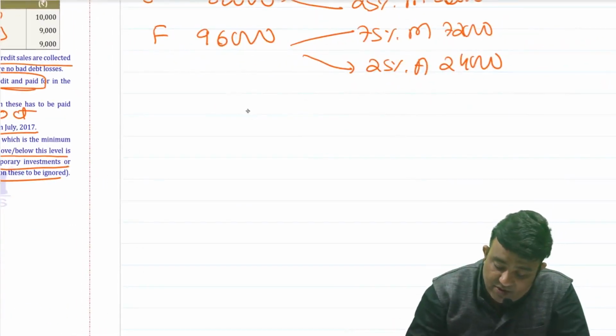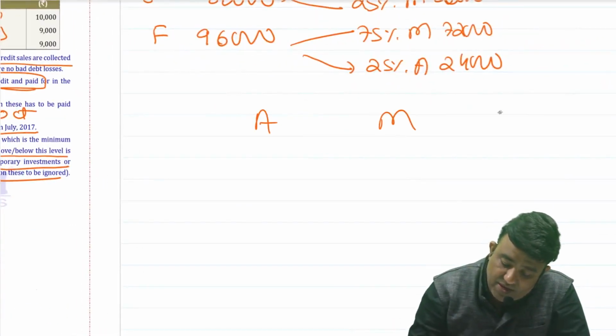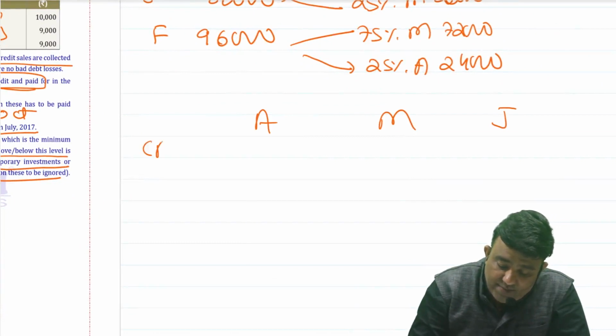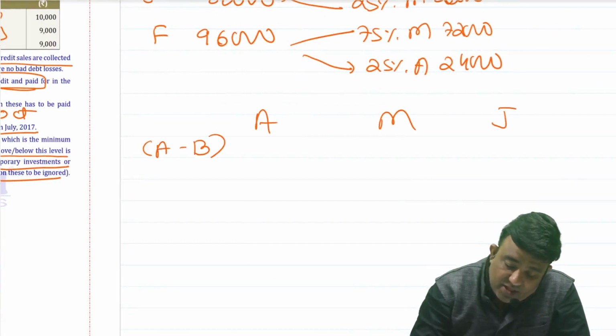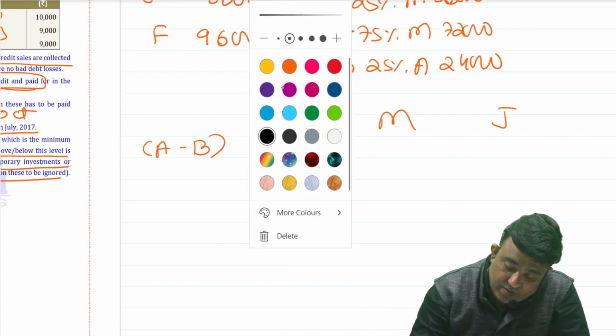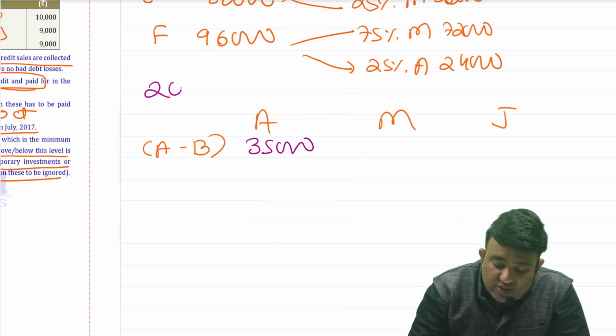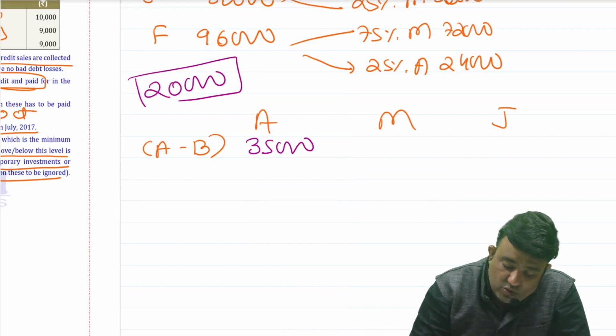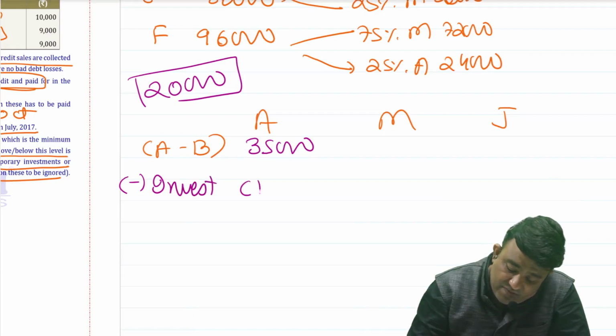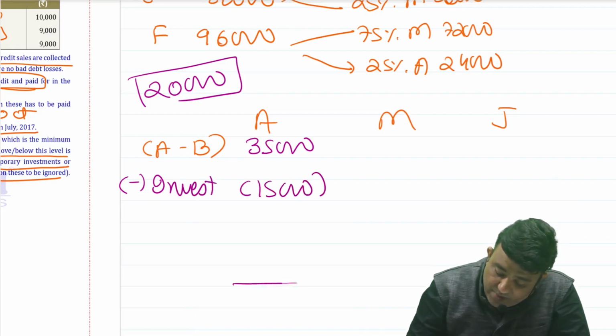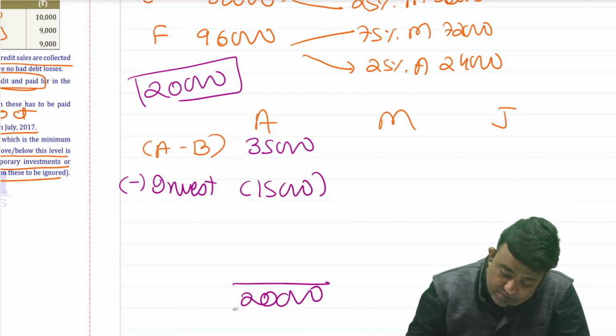Let me take an example of April, May, and June. Student, A minus B, the balance of April, let me take is 35,000. So it is more than 20,000. Yes, no? So what I'll be doing is I will be investing it somewhere else, 15,000, and my closing balance will be 20,000. Clear, everyone?